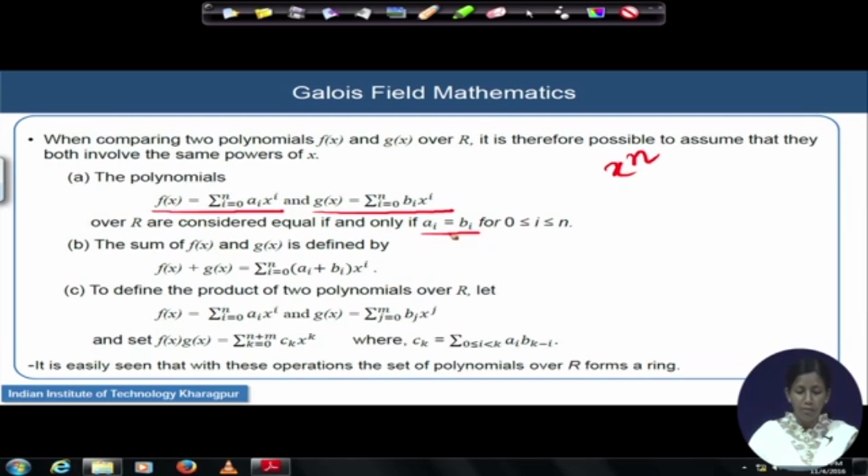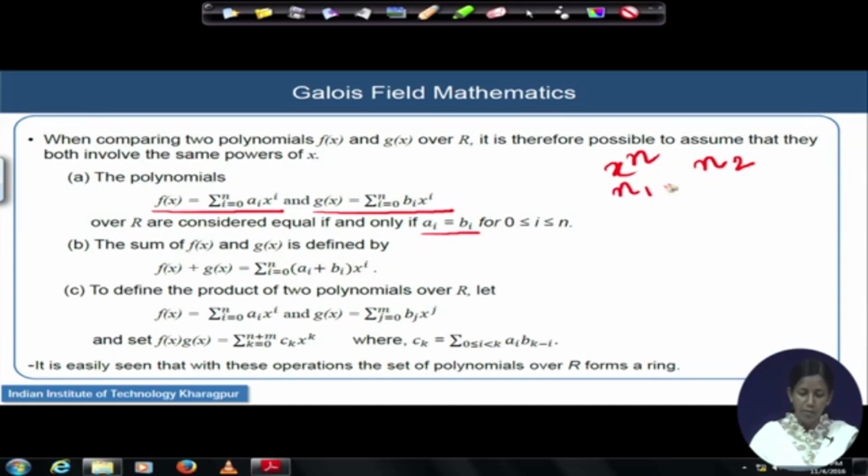And if f(x) is going up to the order of n1 and g(x) is going up to n2, then for the polynomials to be equal, definitely you have to also prove that n1 is equal to n2. The sum of the polynomials f(x) and g(x), when both of them have the same power of x equal to n, will be given simply by the sum of (a_i plus b_i) x^i.